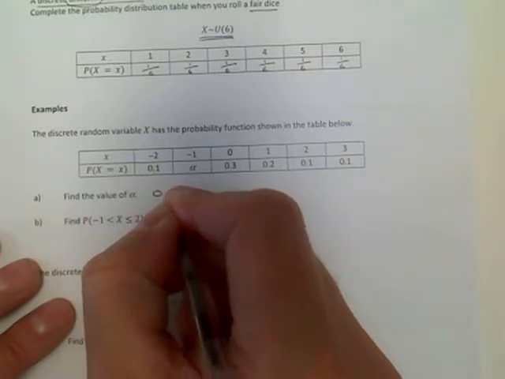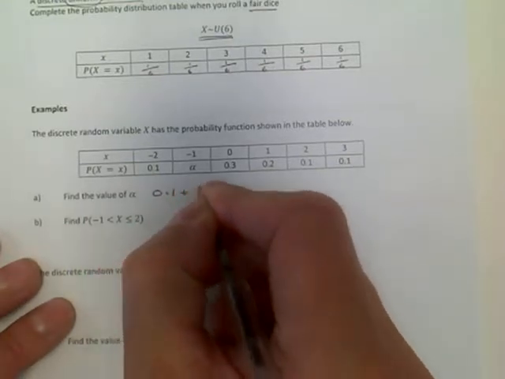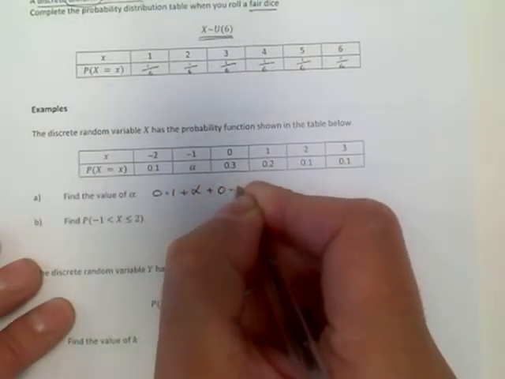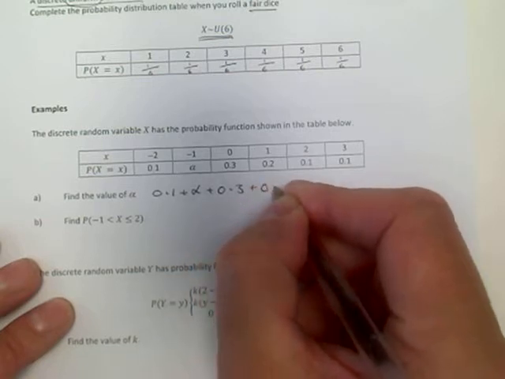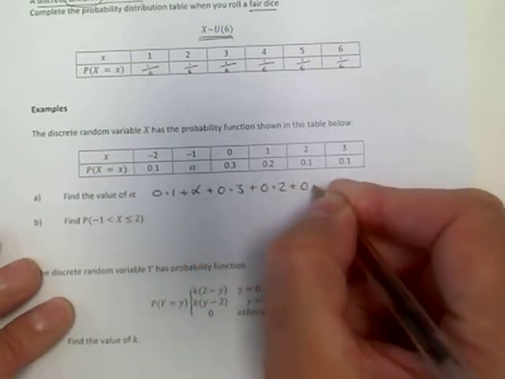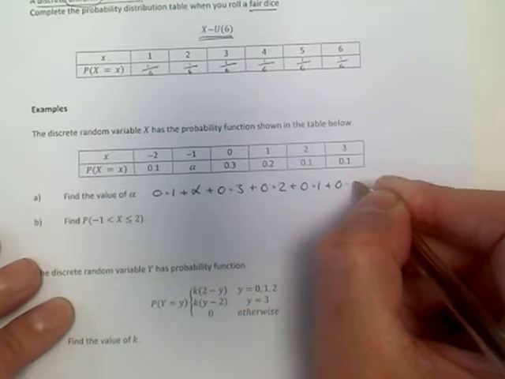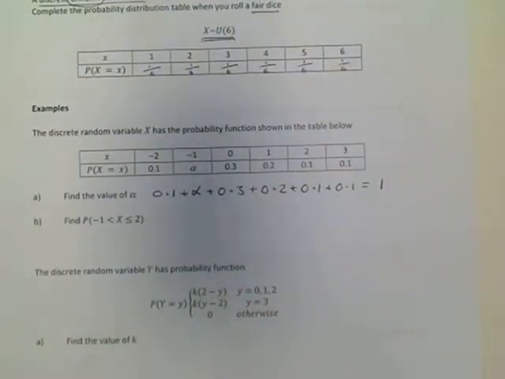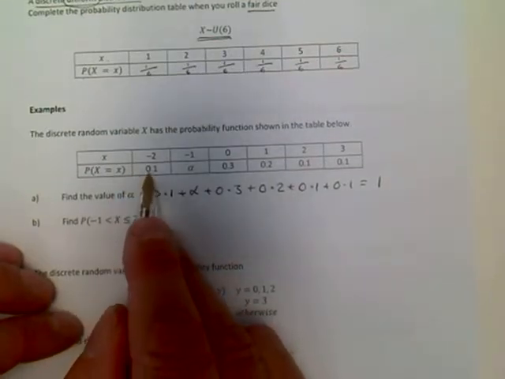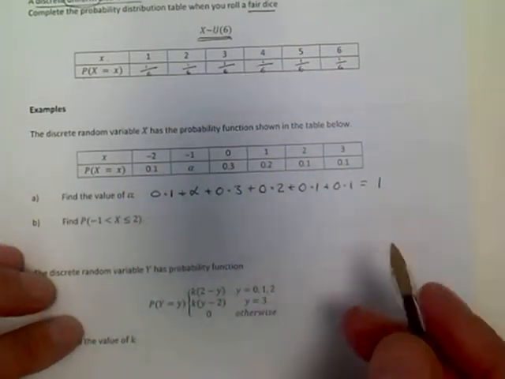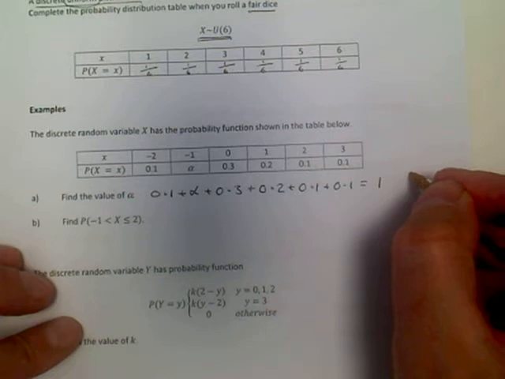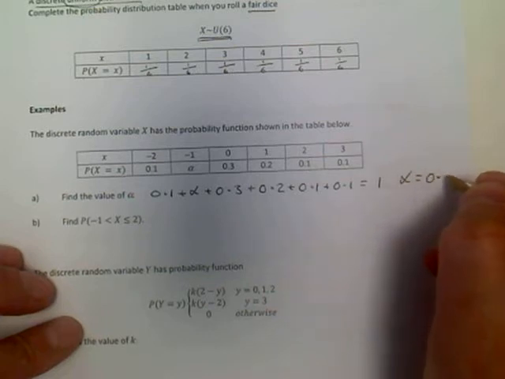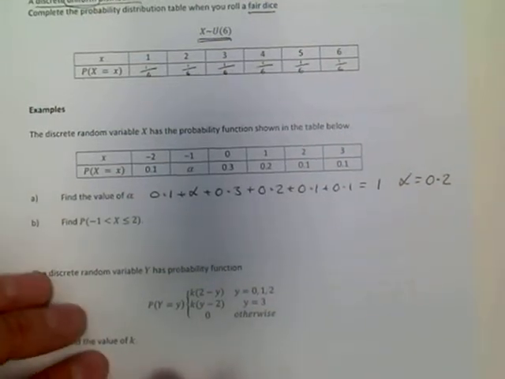So we're going to use the fact here that if we add all of those up, we will get 1 because those are the only things that can happen. So we can solve that. So alpha is equal to 0.2.